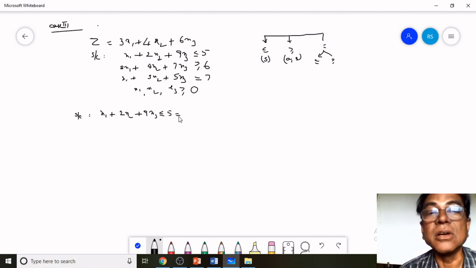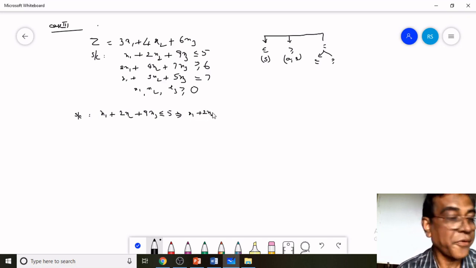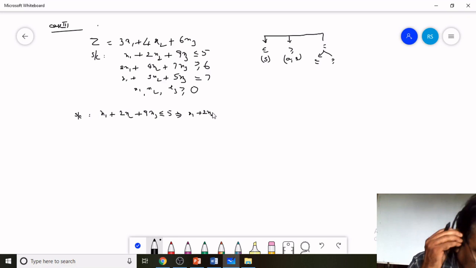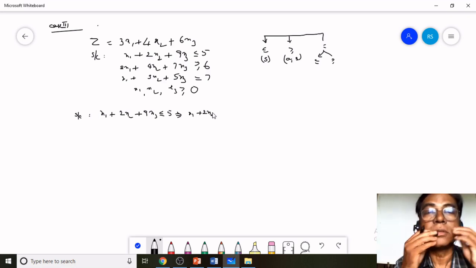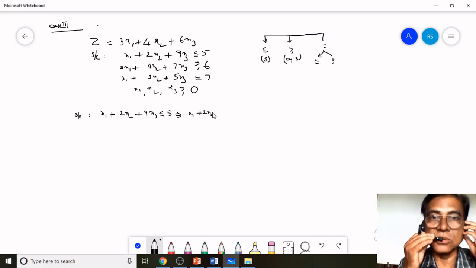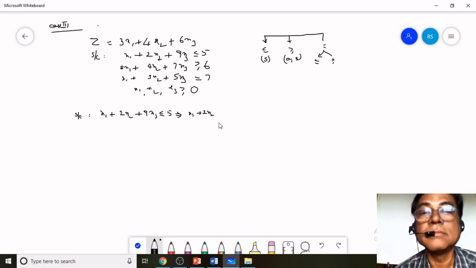It means you have to write x1 plus 2x2 plus 9x3, less than or equal to means plus 1s1 equal to 5.